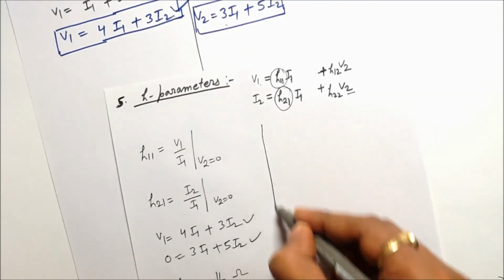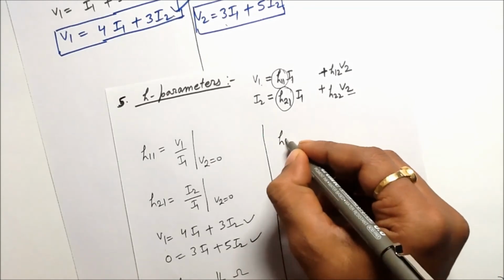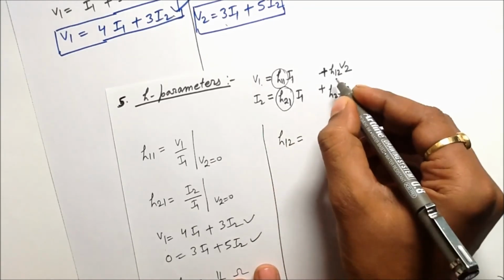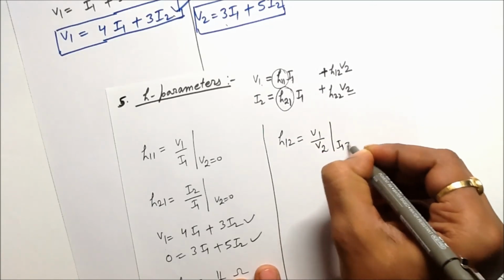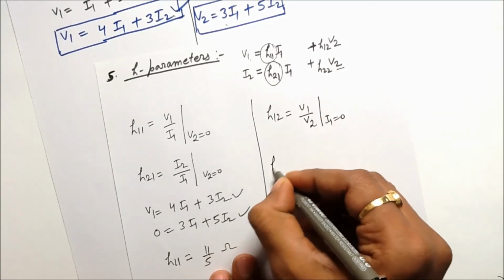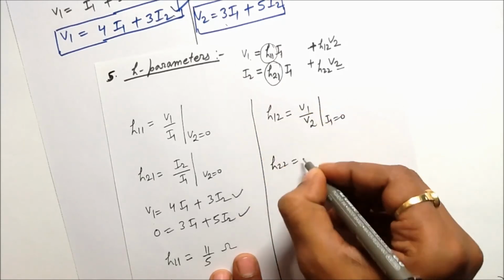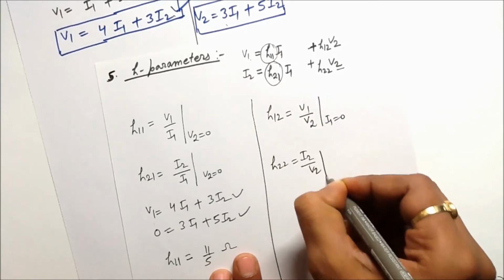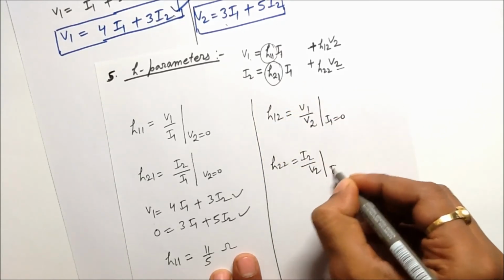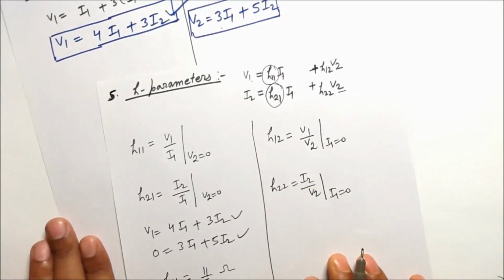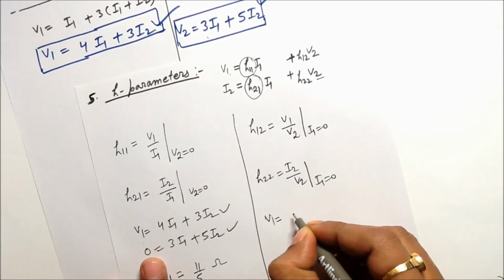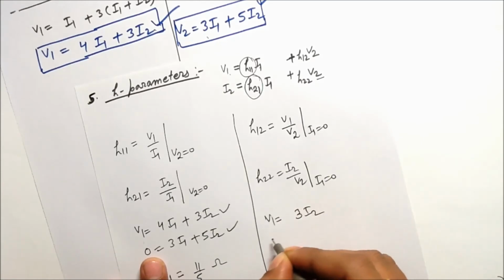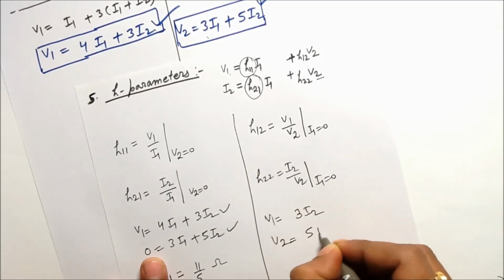Now let us find the value of H12. H12 will be V1 upon V2 when I1 equals 0, and H22 will be I2 upon V2 when I1 equals 0. So put I1 equals 0 in these two equations. So V1 equals 0 plus 3I2 and V2 equals 0 plus 5I2.